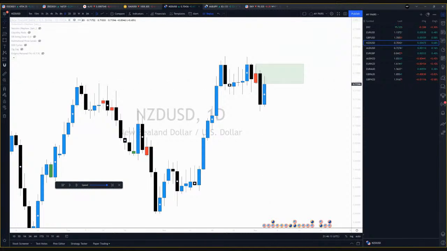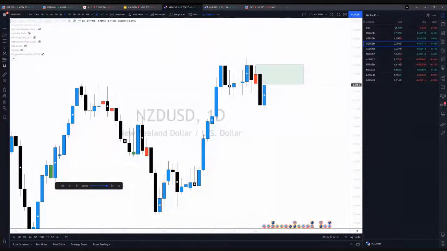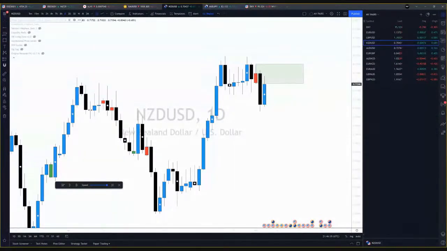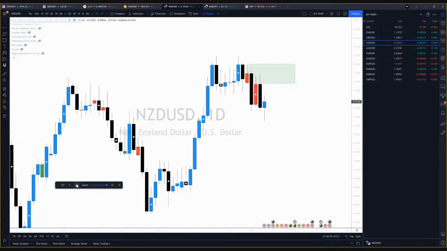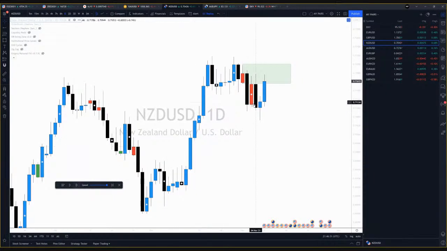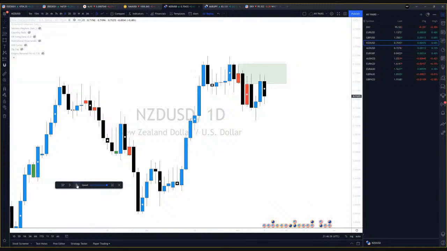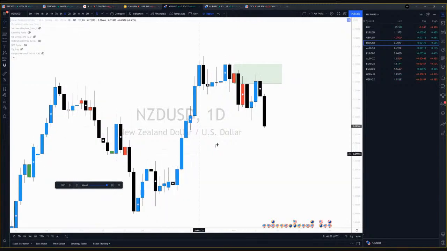Where is price going to go? It's going to go down. It forms another one. It goes back to that one. Where is it going to go? Down. This candle closes. Where do you think from here price is going to go?